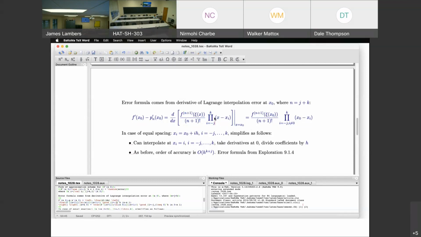And then you set x equal x naught at the end, because you're evaluating it at that point, and this is what you get. So this is the general error formula arrived at using the polynomial interpolation error.